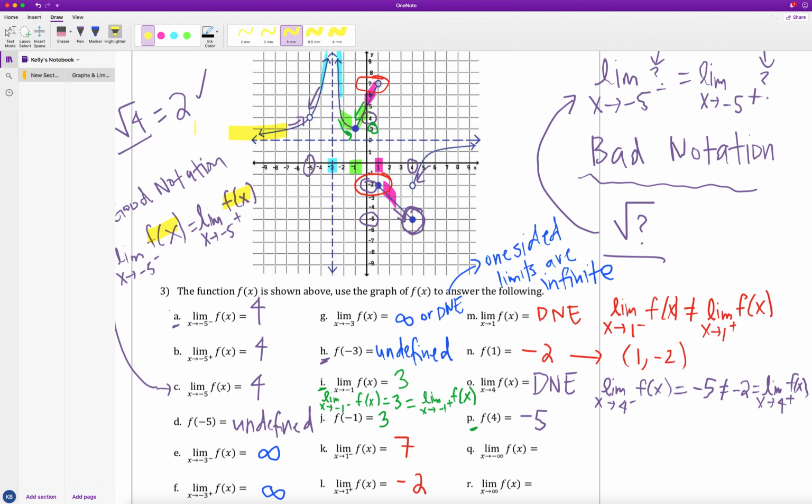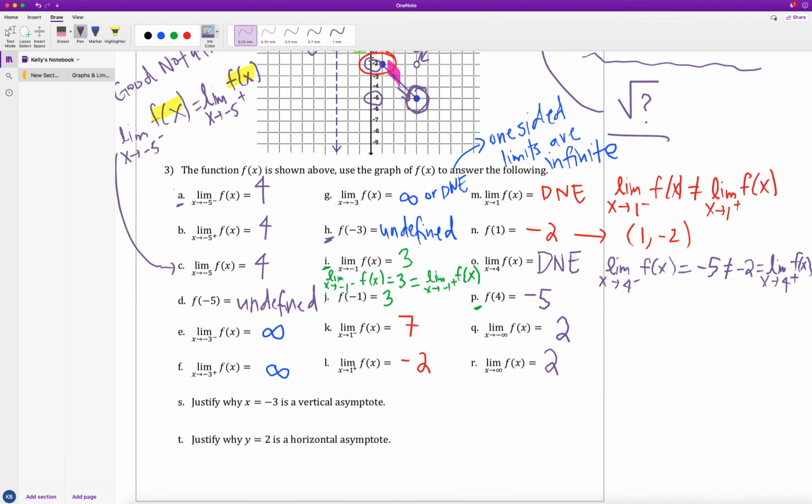But this is going closer and closer to this horizontal asymptote. So that limit is going to be equal to 2, since that's where the horizontal asymptote is. Likewise, on the right side, as x goes to +infinity, this keeps going and is also approaching the horizontal asymptote, which is at +2 as well.